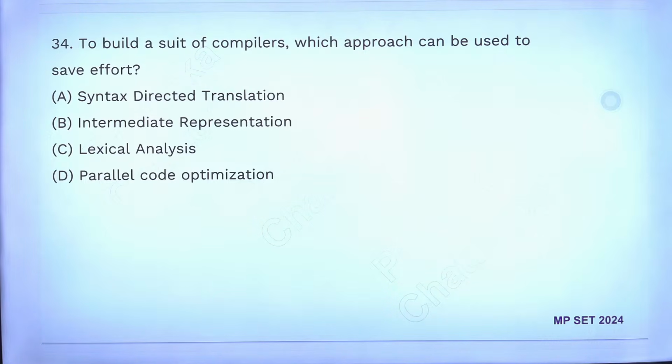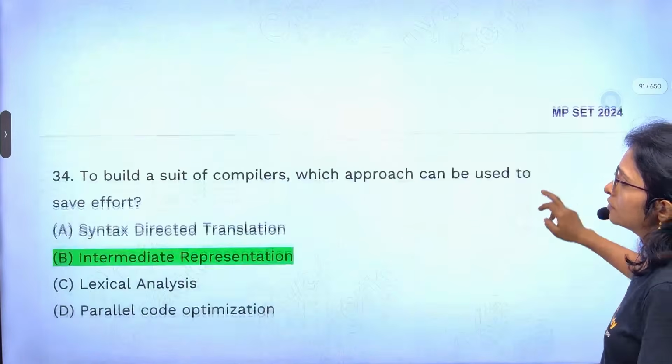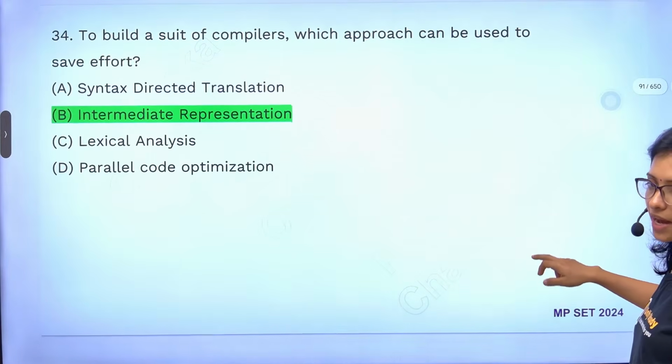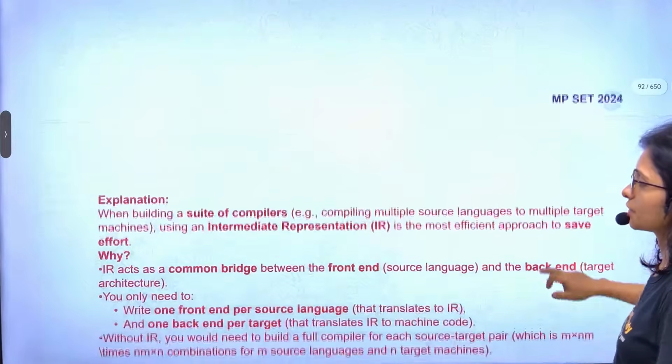To build a suite of compilers, which approach can be used to save effort? Intermediate representation. Why intermediate representation?